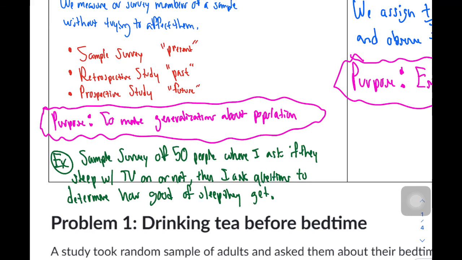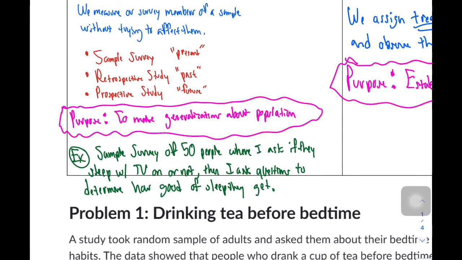So I gather 50 people, and maybe from those 50 people, 40 of them actually sleep with the TV off, and only 10 of them sleep with the TV on. That's what could happen, right? Because we don't know. We're just asking them what they do. We're just observing what they do.